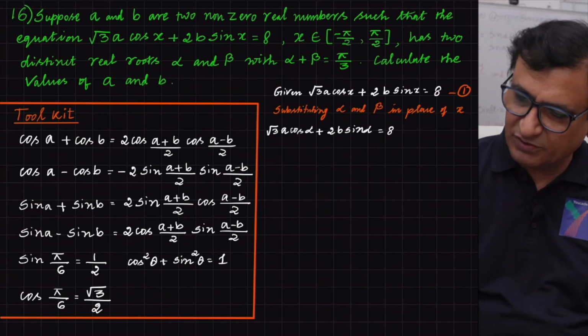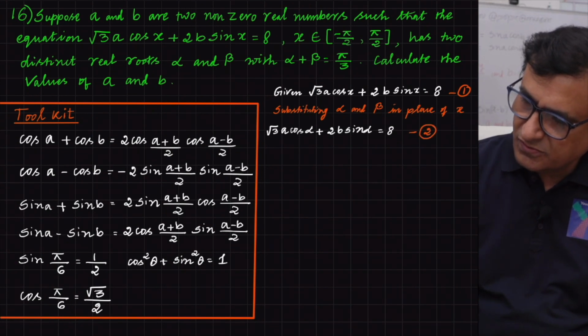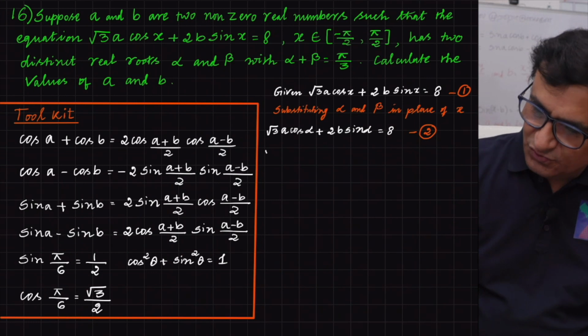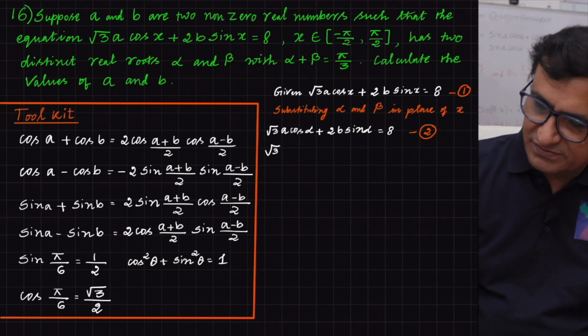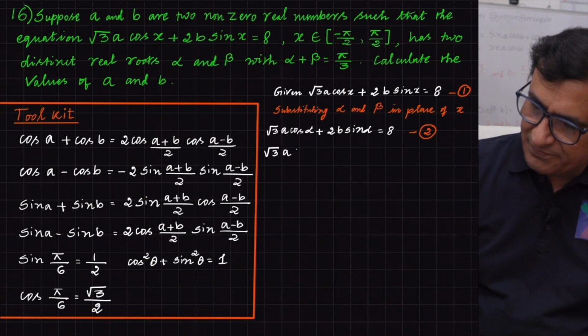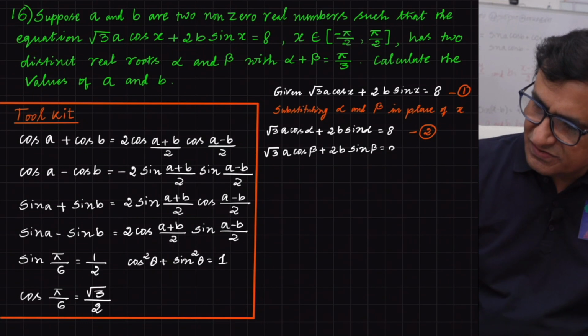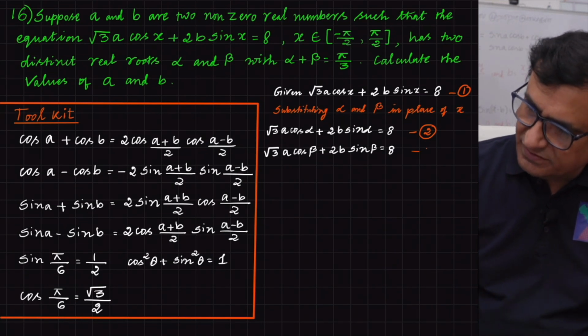Let me call this equation 2. Next, I'm going to substitute beta in place of x. So you get square root of 3 a cos beta plus 2b sin beta equals 8. Let me call this equation 3.